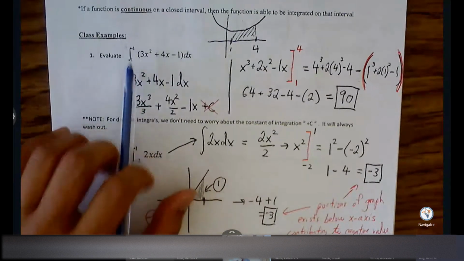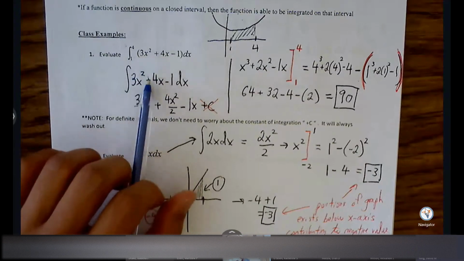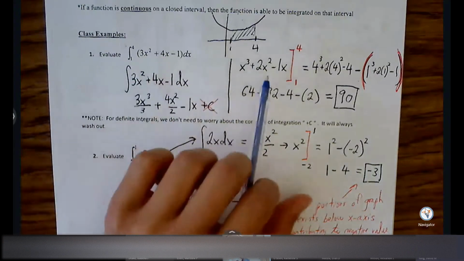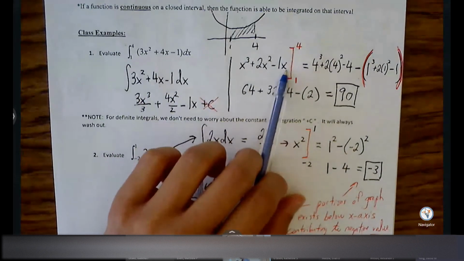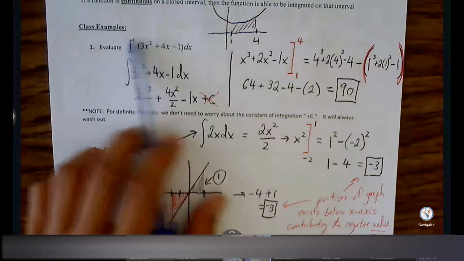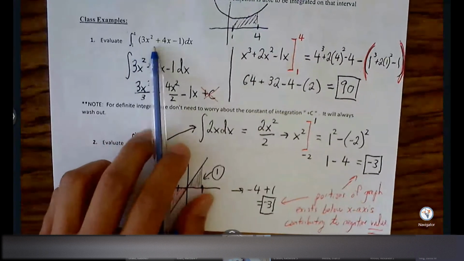So we have to make sure that we don't plug the bounds into the expression. This expression is not ready for the bounds yet. We've got to make it go through calculus. We've got to make it become its antiderivative before we can involve the bounds. So that's a big mistake I see students make. They just want to go ahead and plug it in because it looks like a natural thing to do.